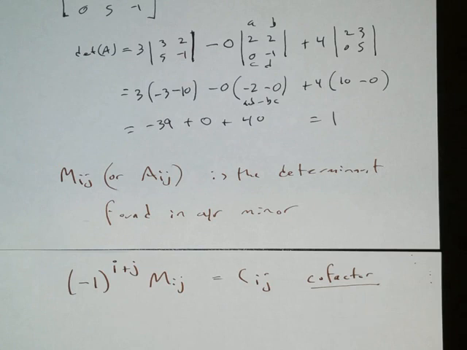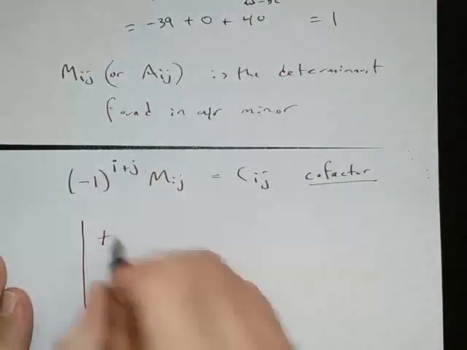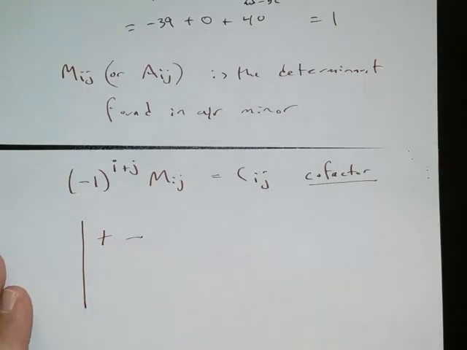I must tell you, though, I tend not to remember it this way because the upper left is always 1, 1. That's always a plus. If I move over one column, I've added 1 to the power, haven't I? That's going to switch from a plus to a minus.